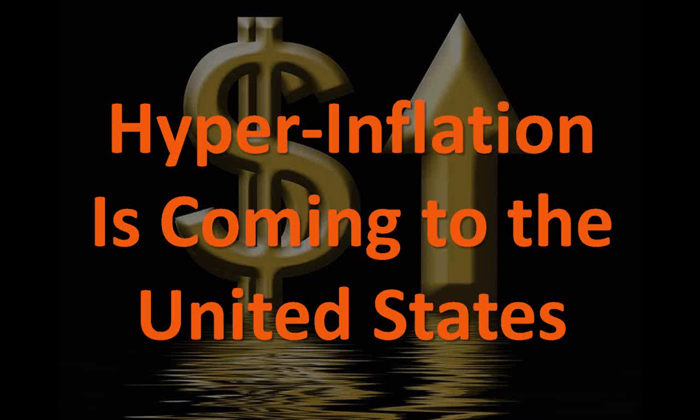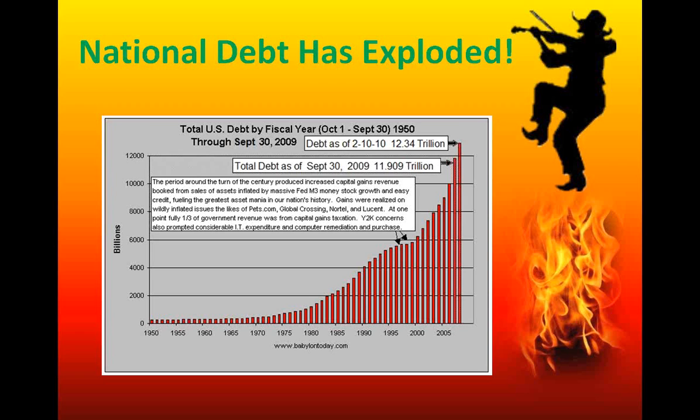But looks are deceiving. The national debt has exploded. Look at how low it was through the decades of the 50s and 60s. It barely moved. We had responsible government that did not overspend.